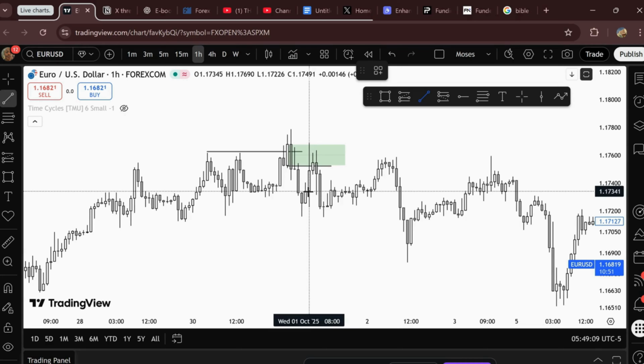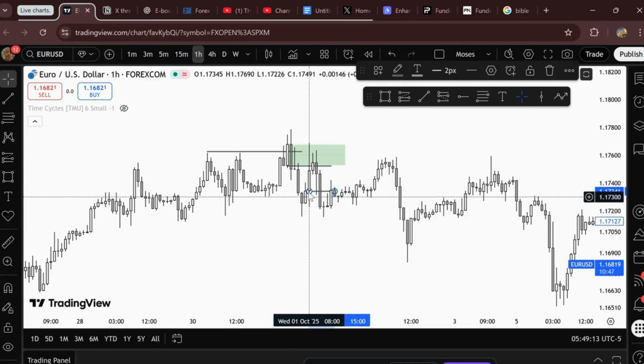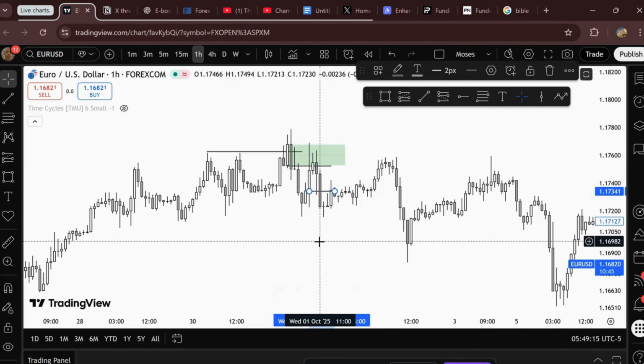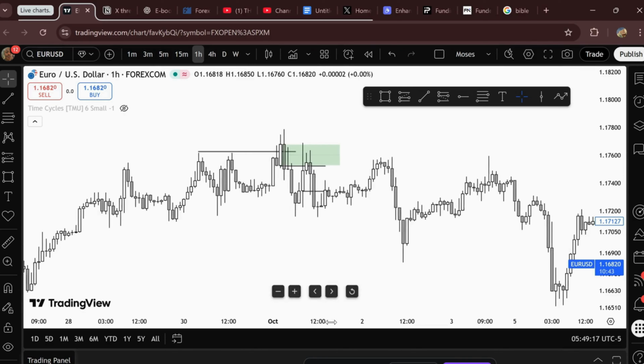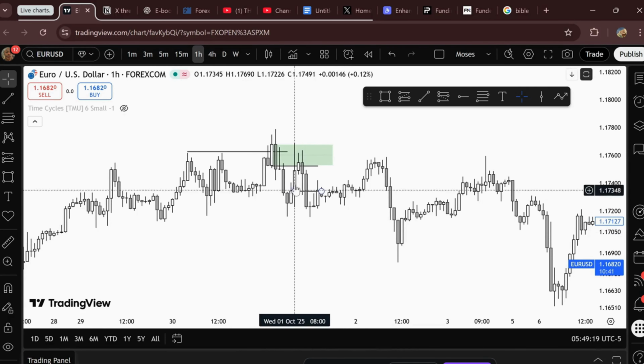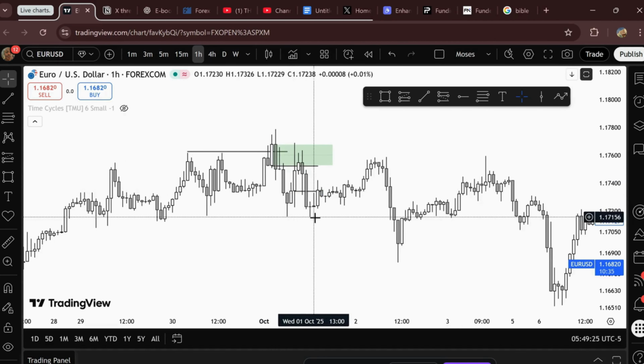And as soon as price closed below the open of this last series of up close candles, this qualified it as a bearish order block.